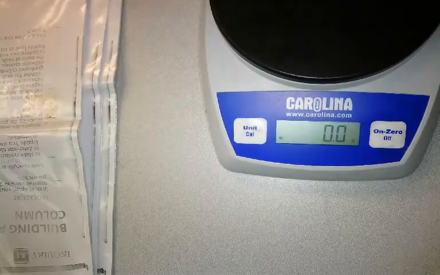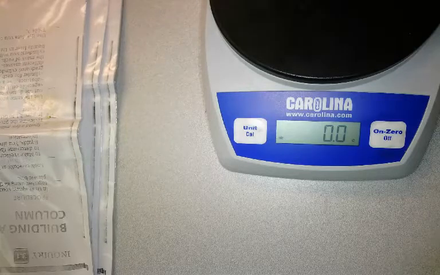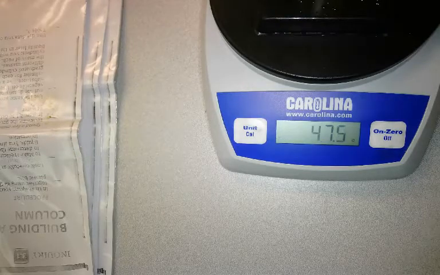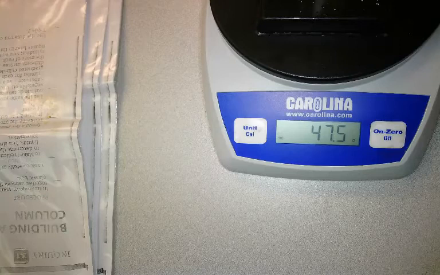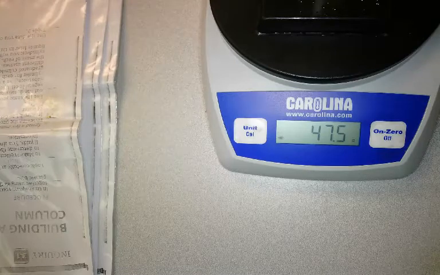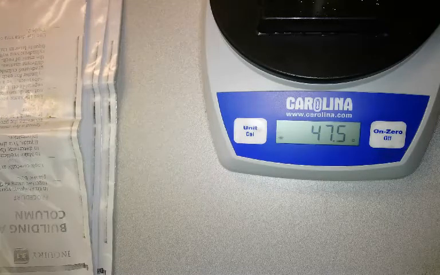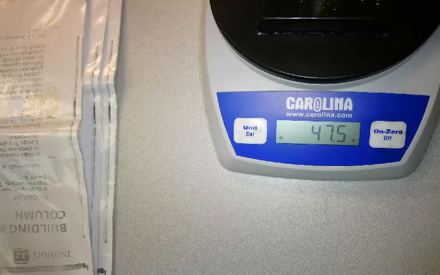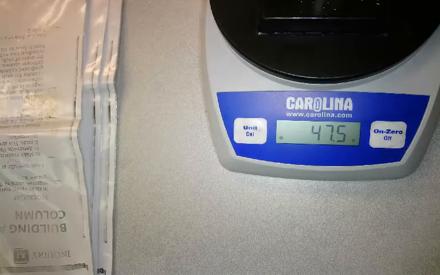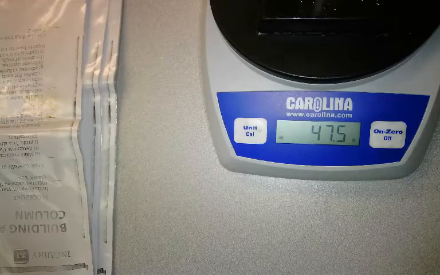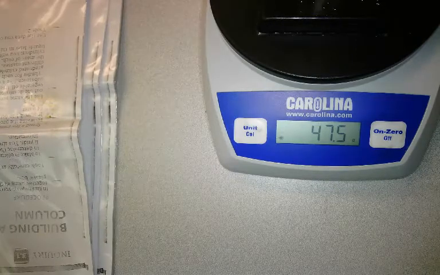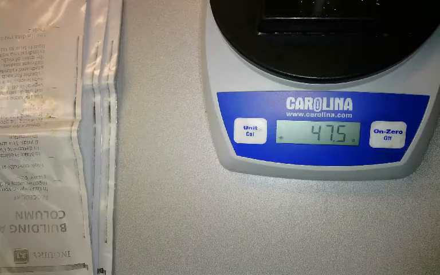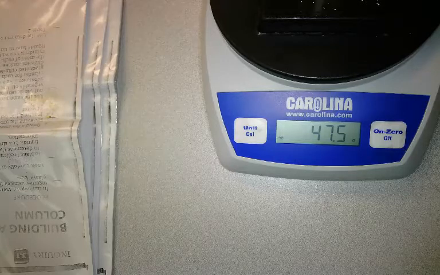Okay, so again, our first liquid is the vegetable oil. Here's the mass of the vegetable oil and the cylinder. In order to find the mass of the vegetable oil only, you'll need to subtract the mass of the cylinder from the mass of the liquid plus the cylinder.